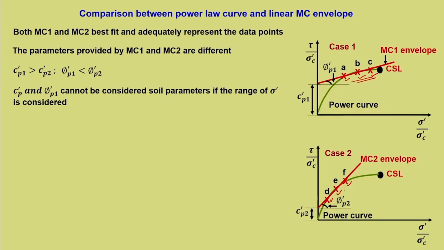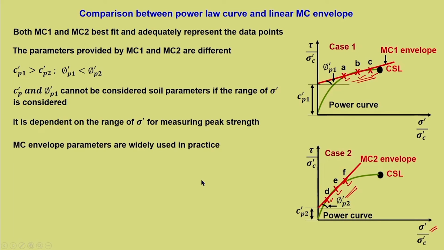But if we are considering the range of sigma dash, as you can see here, this is one particular range and this is another particular range. If the range of determination of sigma dash comes into the picture, then you can see that both C dash and phi dash peak change. So, it is dependent on the range of sigma dash for measuring peak strength.